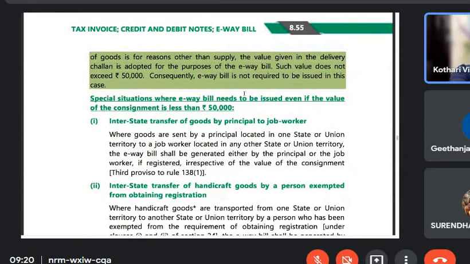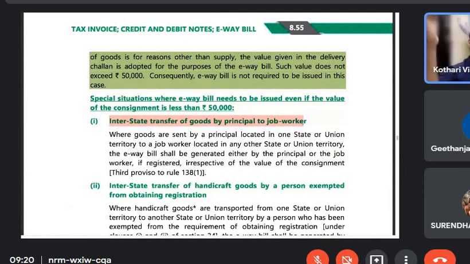Situations where an e-waybill needs to be issued even if the value of the consignment is less than 50,000. There are certain situations where the value of goods is less than 50,000 and still an e-waybill needs to be issued. What is that? An interstate transfer of goods by a principal to a job worker. Say I am a furniture manufacturer in Chennai, and I am sending my goods for job work, that is plywood, mica, all those hardware, to a person in Bangalore for the purpose of making furniture and sending it back to me.